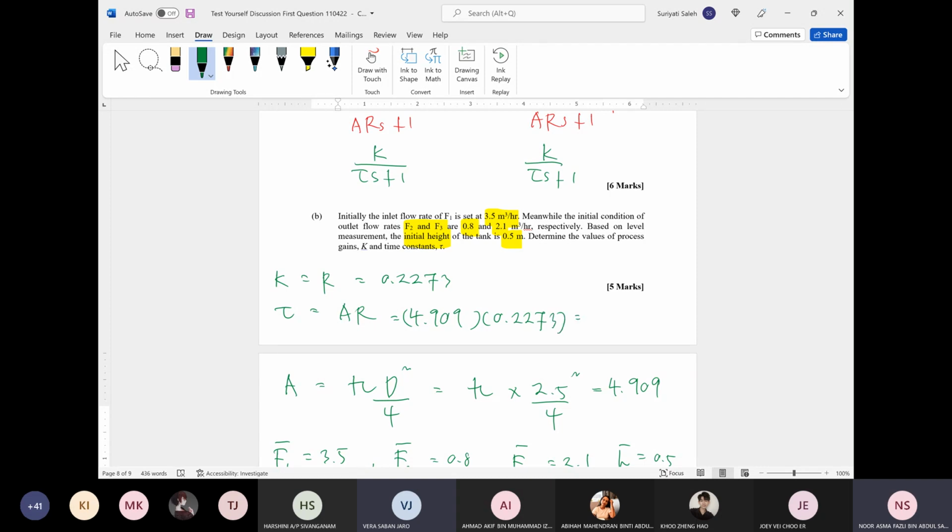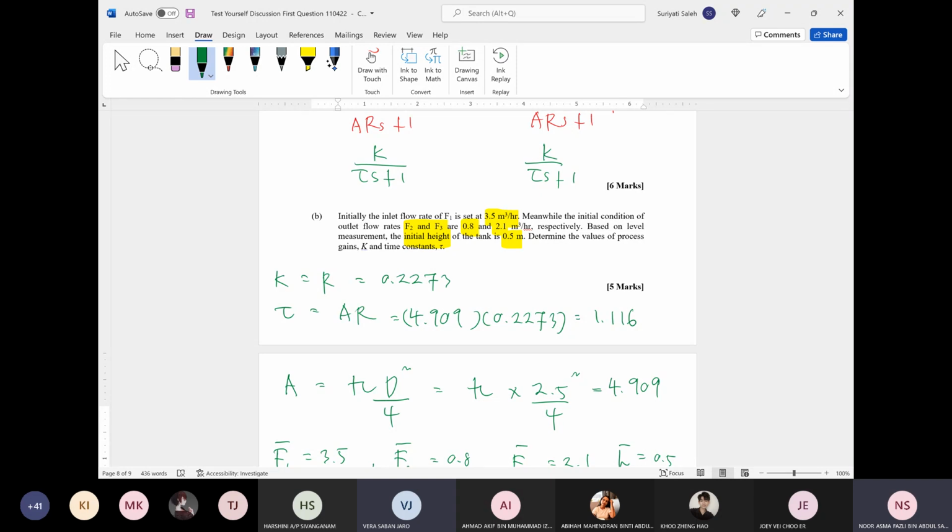And then we multiply. What is the answer for tau? 1.116. Okay, so this is your answer for K and tau.